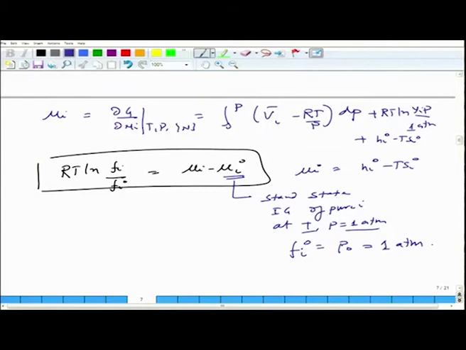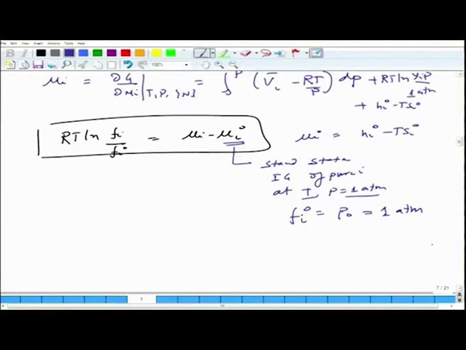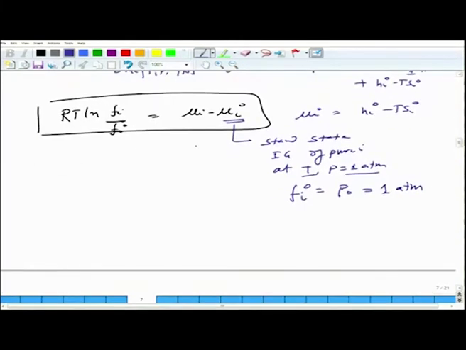Now, given this, we can plug in our mu here. So, RT ln fi, because fi0 is equal to 1, is going to be the integral 0 to P of Vi bar minus RT by P dP, plus RT ln YiP.